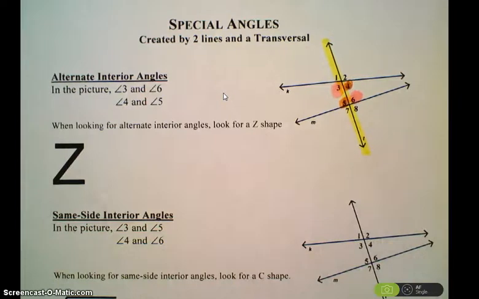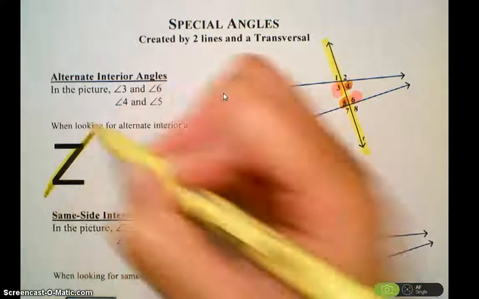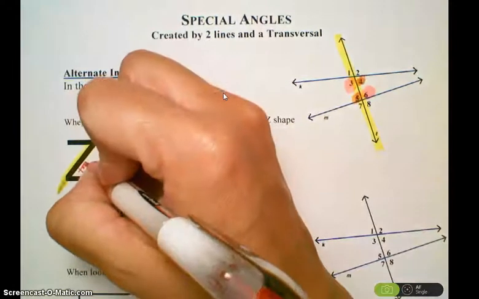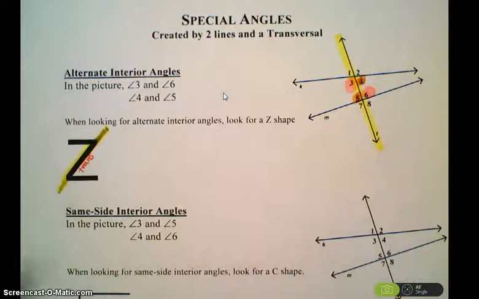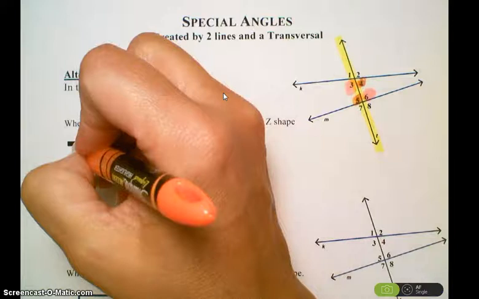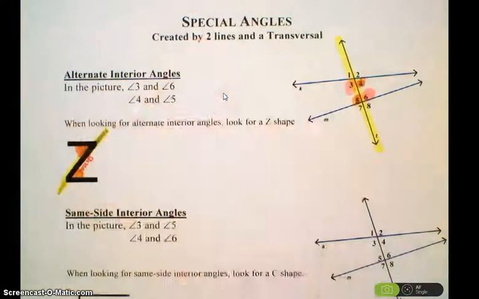When you do that, the bar on the Z is your transversal, and I will go ahead and write that, transversal. And then the top and the bottom of the Z are the two lines that are being crossed by the transversal. Your alternate interior angles fall in the crux of the angle. So your alternate interior angles would be here and here.